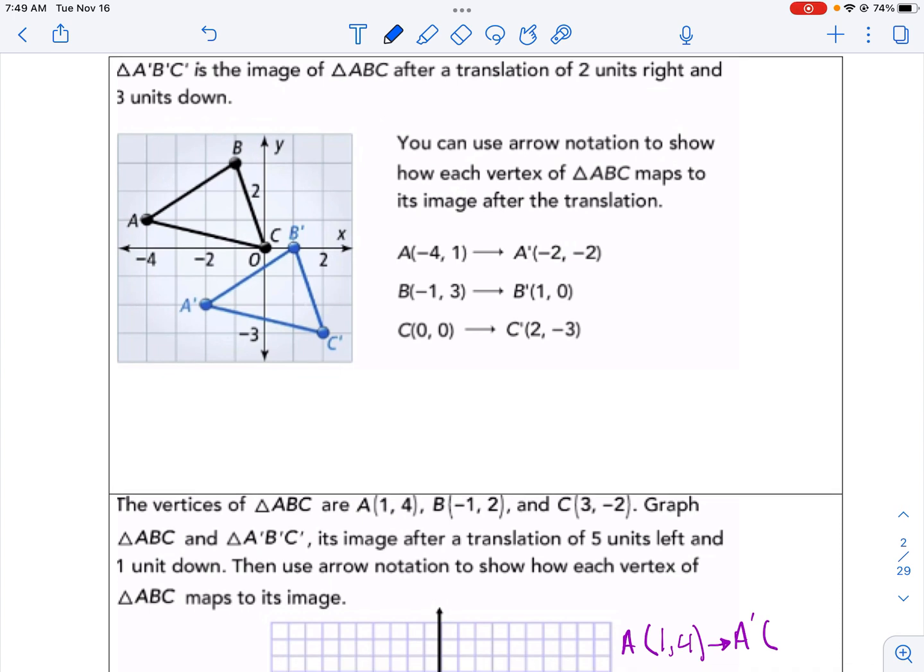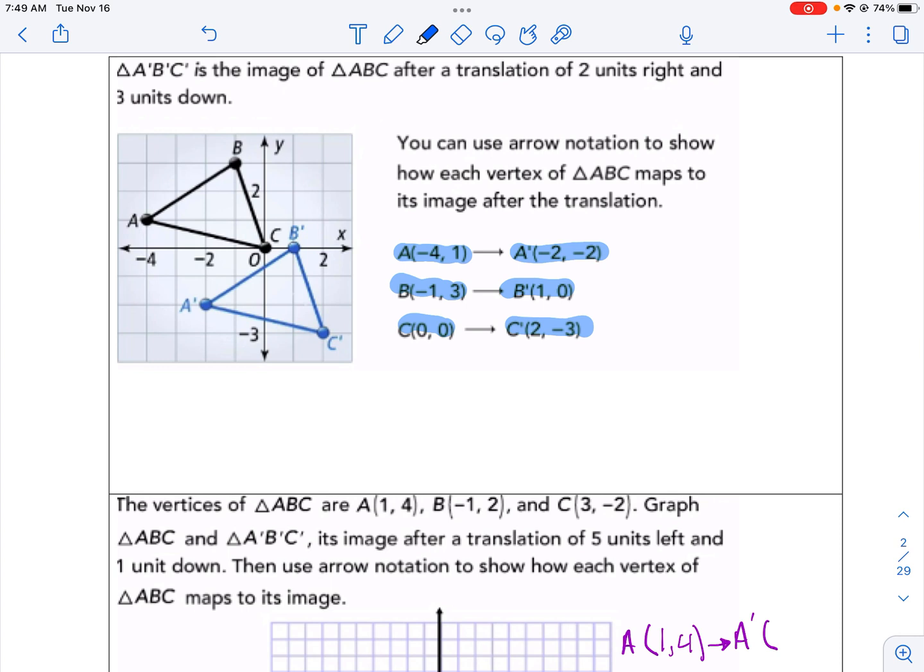So here, this is called arrow notation, where we take a point, so A has the coordinates -4, 1, and it maps to the point A prime, which is -2, 2. And this shows what the translation is for each and every point. As you can tell, there's B goes to B prime and C goes to C prime.